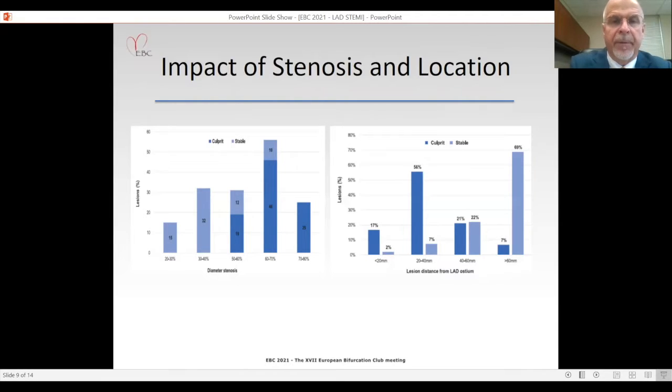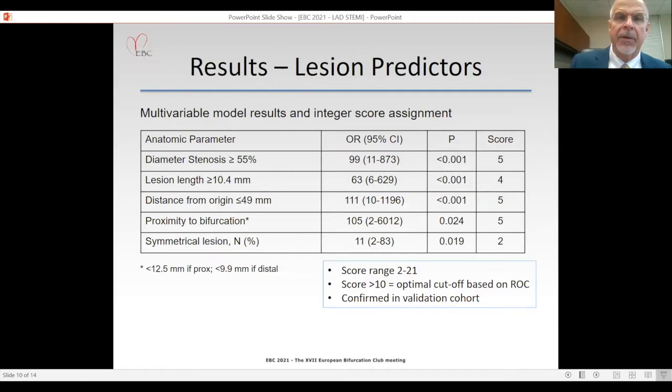To look at a couple of the most important parameters, the impact of stenosis and lesion location: over 70% of the culprit lesions at baseline were greater than 60% stenosed. And again, over 70% of the lesions were within 40 millimeters of the LAD origin. The results of the multivariable model are shown here.